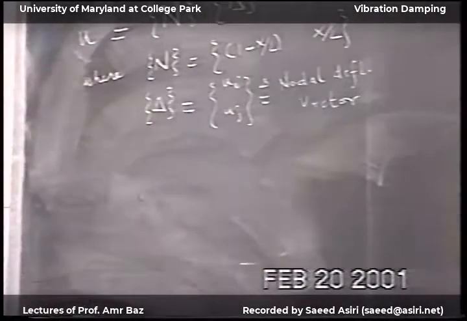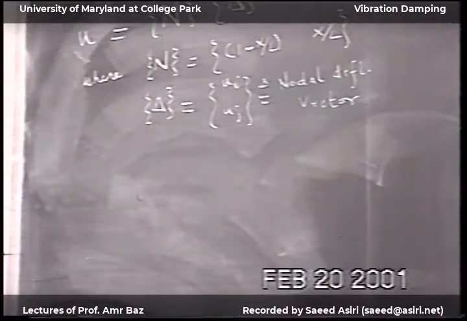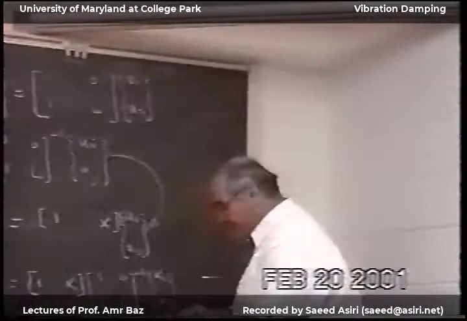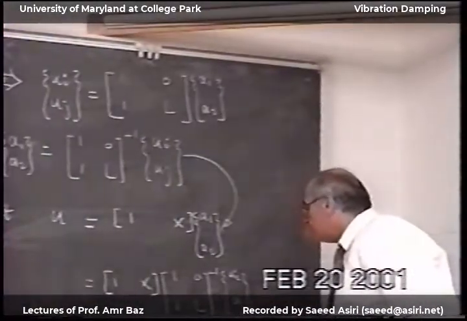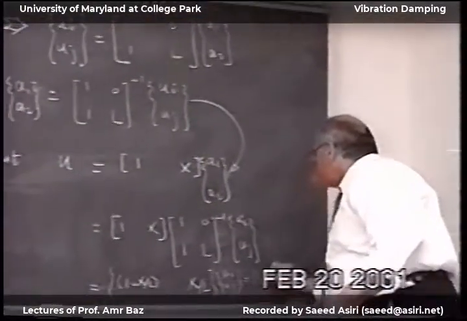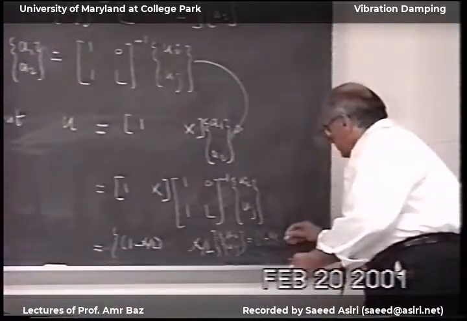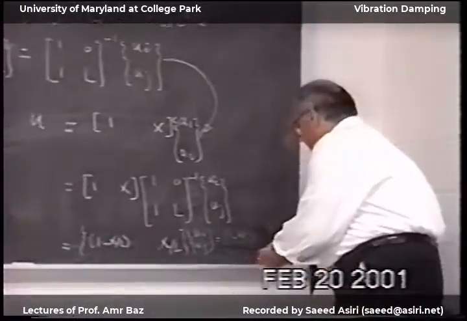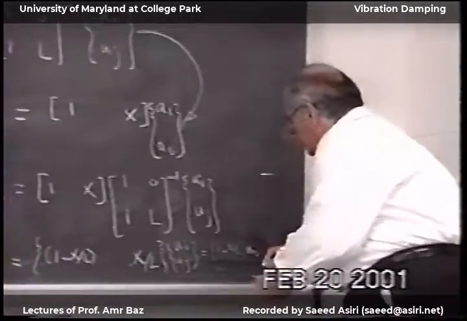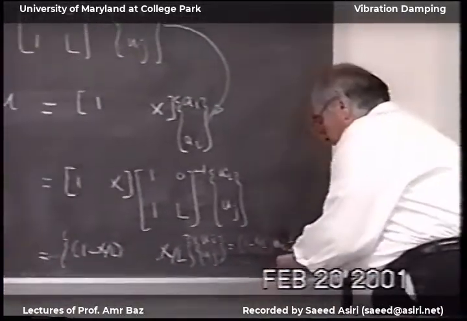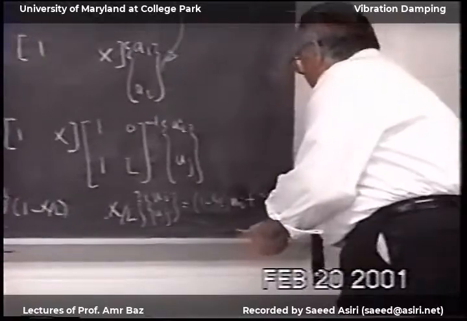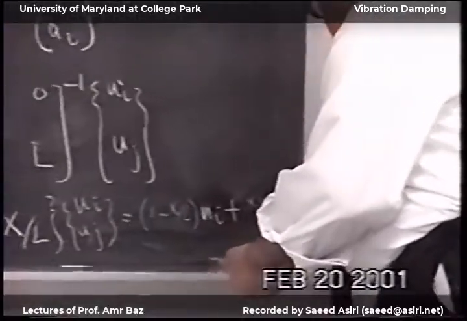Of course, here I can expand this equation, and this will equal 1 minus x over L ui plus x over L uj.